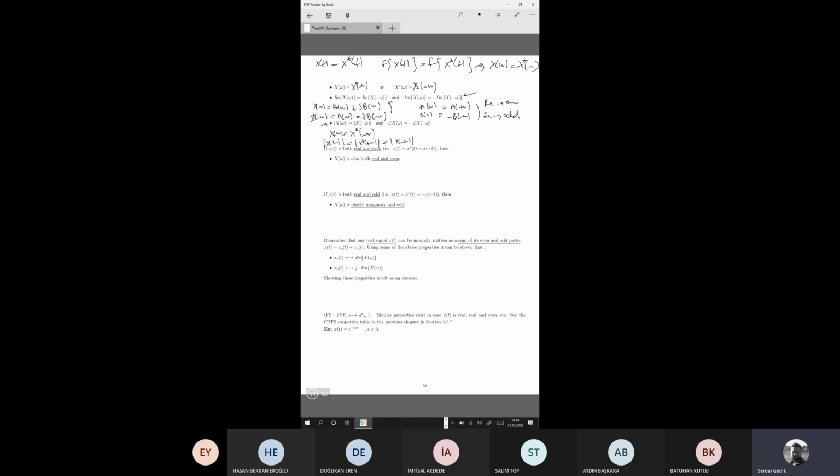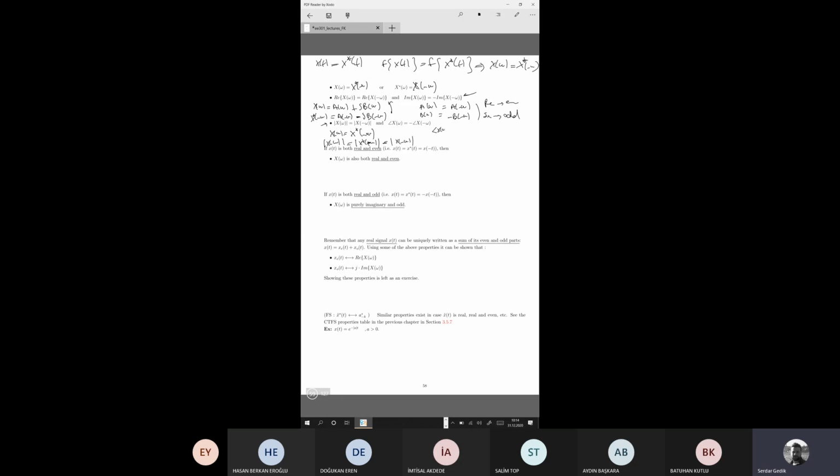Conjugation does not change the norm, so X conjugate of minus omega and X of minus omega have the same norm. Well, what about the angles?